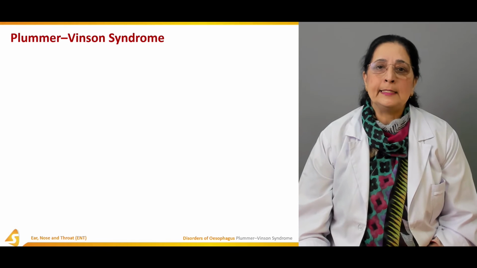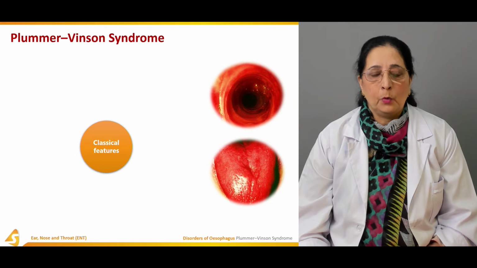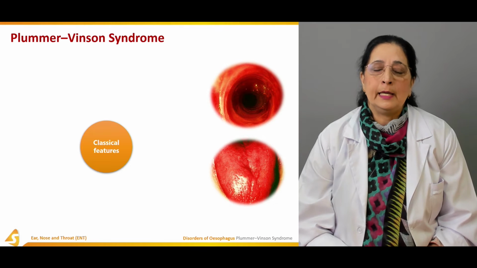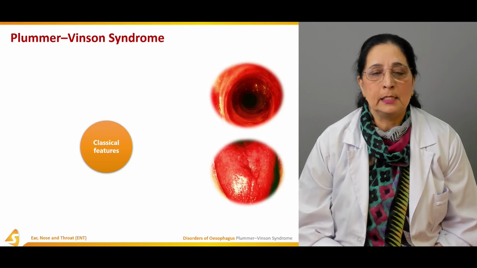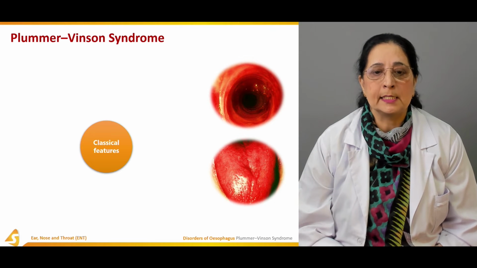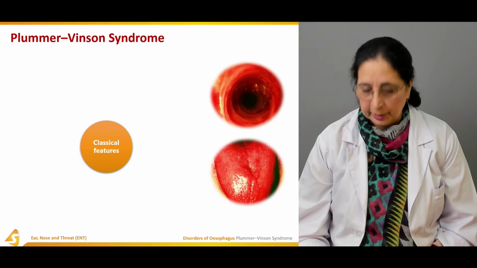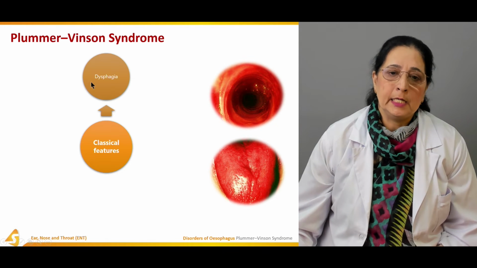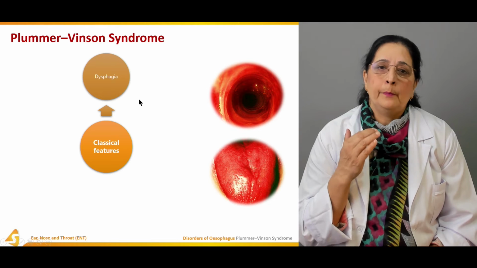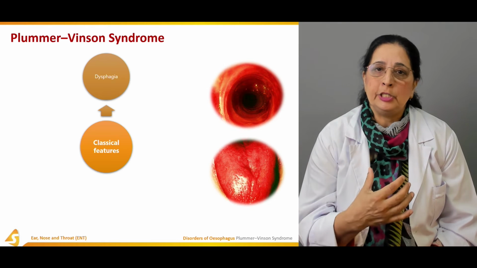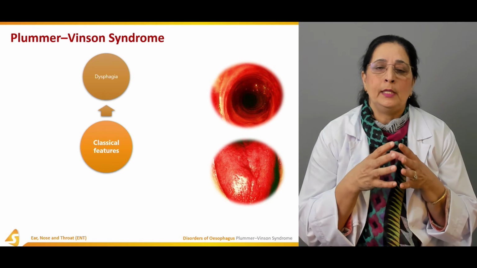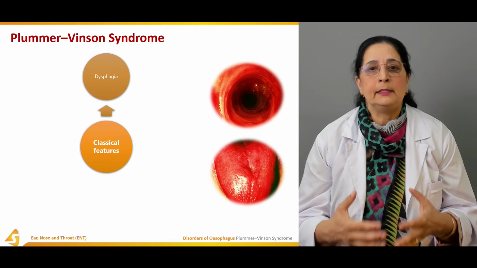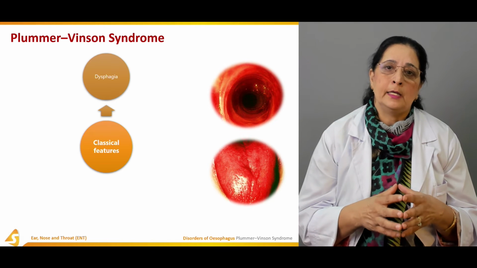So Plummer-Vinson syndrome, what are the features of this syndrome? How can we identify that this is a patient with Plummer-Vinson syndrome? The classical features are dysphagia, which is difficulty in swallowing. An important thing to remember: any disorder that can affect the esophagus, dysphagia is common.